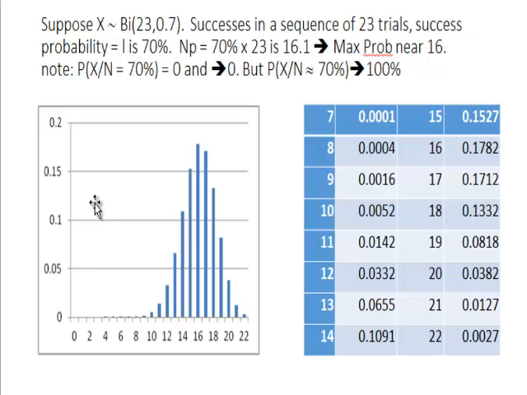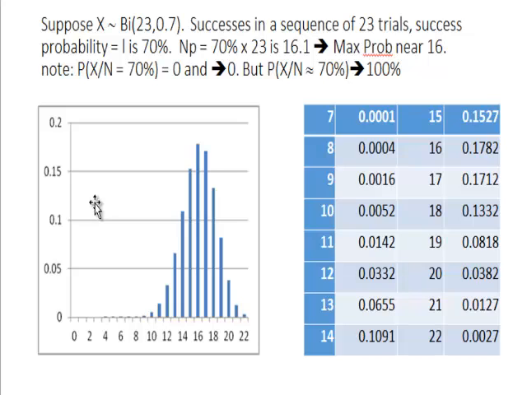So 16 is higher and 17 is a little bit lower. Then you see that the probability started declining. So if the probability of 15 is 15.2% and 18 is 13%, the table shows how the probabilities start to go to 0 as you move away from the true success probability, which is 16.